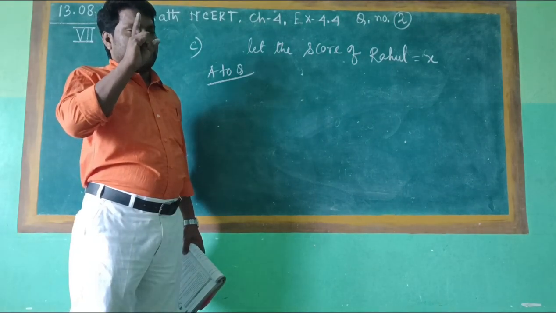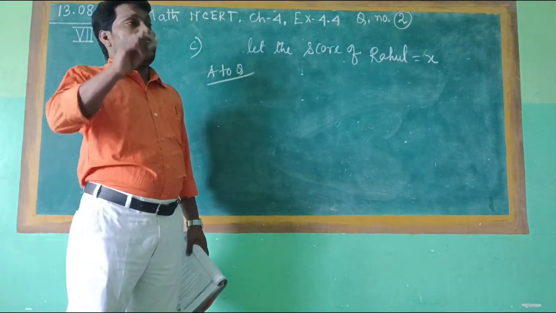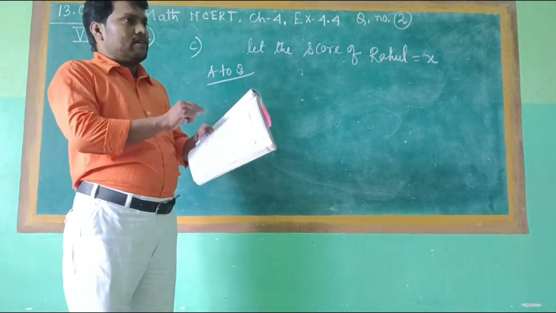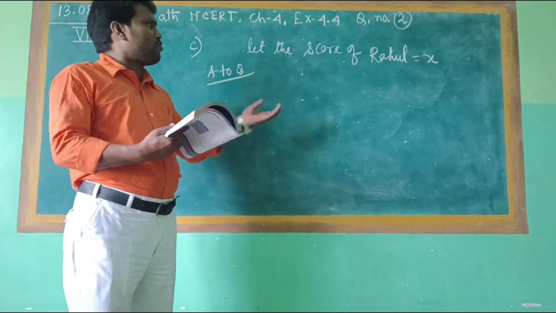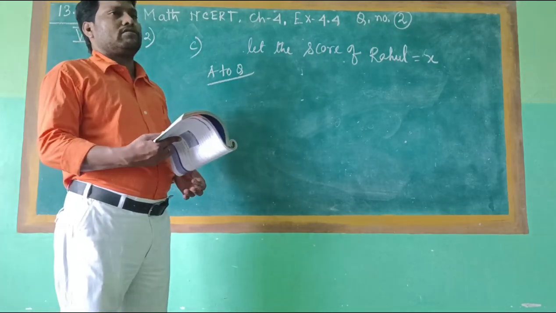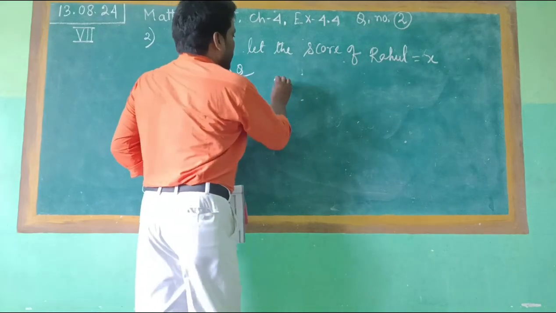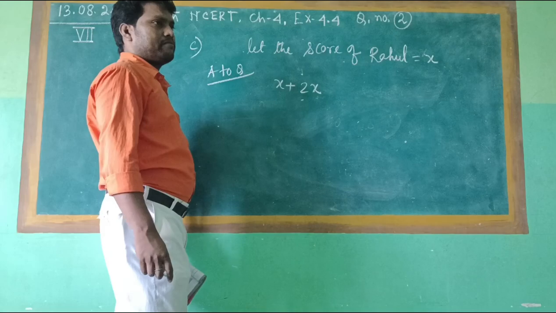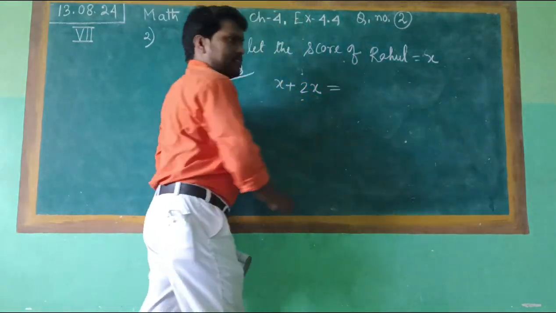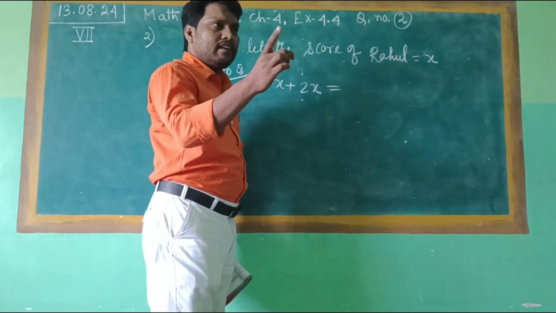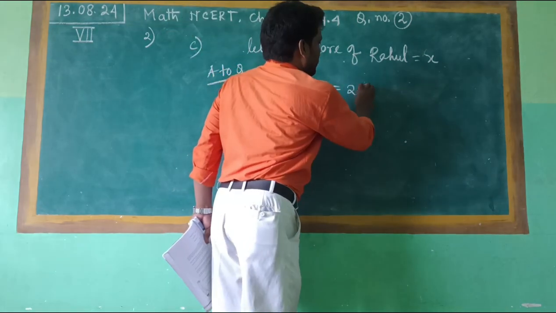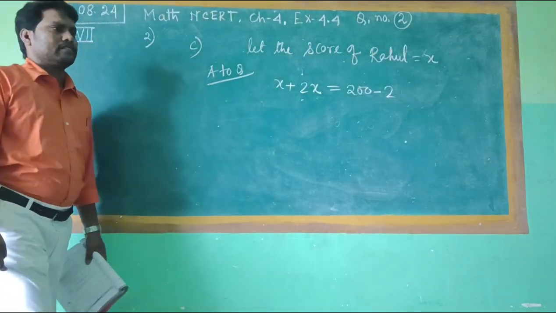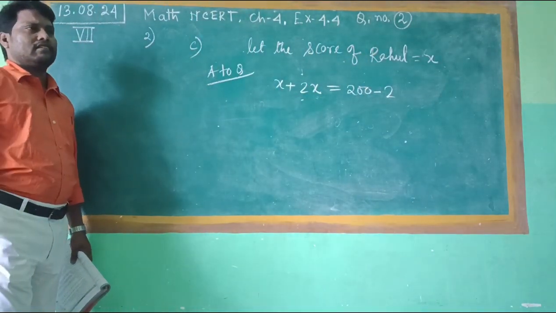In the beginning, I have said again and again, at first read the word problem very carefully, automatically the equation will come out. So Rahul scores x, Sachin scores 2x. That is equal to, what is the double century? 200. 2 short. So this is the equation.